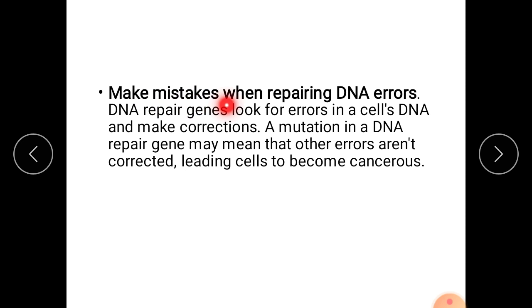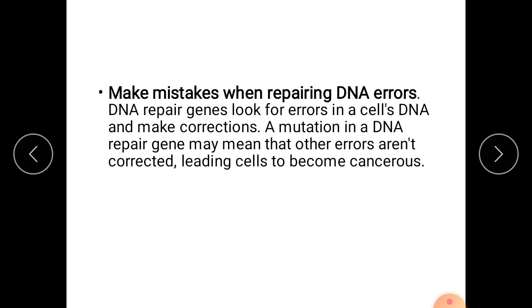Cells also make mistakes when repairing DNA errors. DNA repair genes look for errors in a cell's DNA and make corrections. A mutation in a DNA repair gene may mean that other errors are not corrected, leading cells to become cancerous.